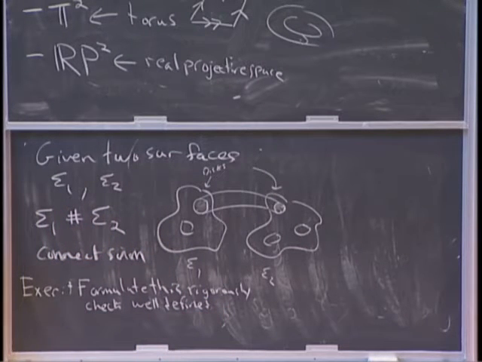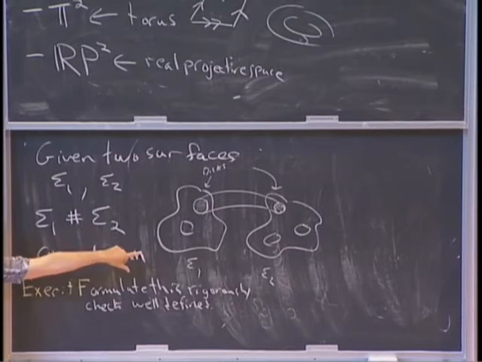It turns out this operation has a lot of properties you might expect from an addition, except that you can't invert. For example, this operation is commutative, which should be easy to see, and associative. And the identity element, which you should convince yourself of, is the sphere. If you take the connect sum of sigma 1 with S2, then you just get sigma 1 back.